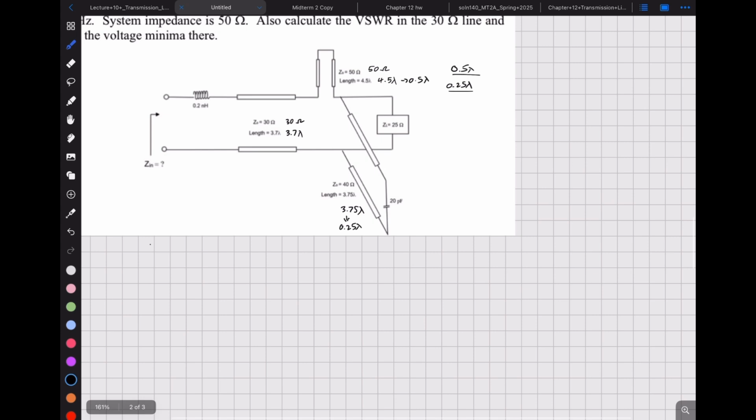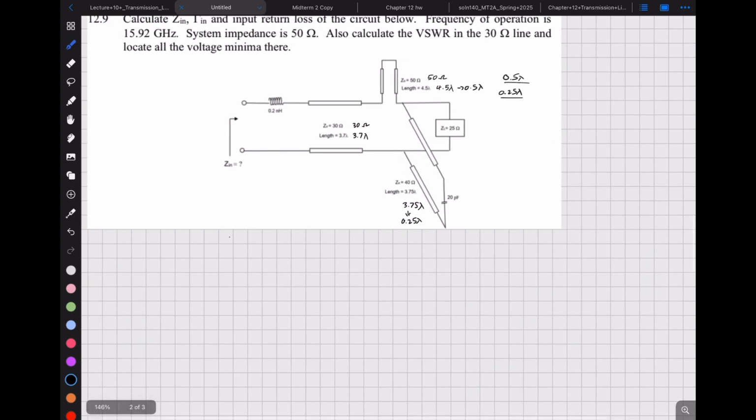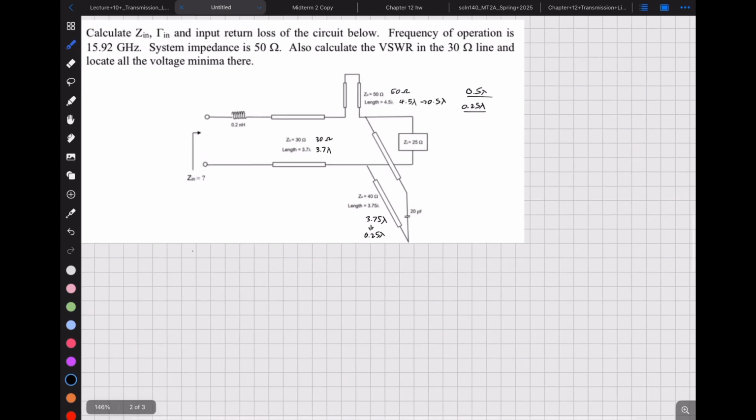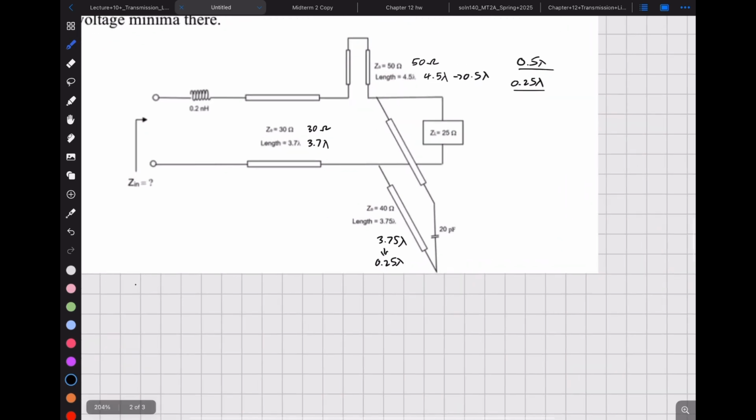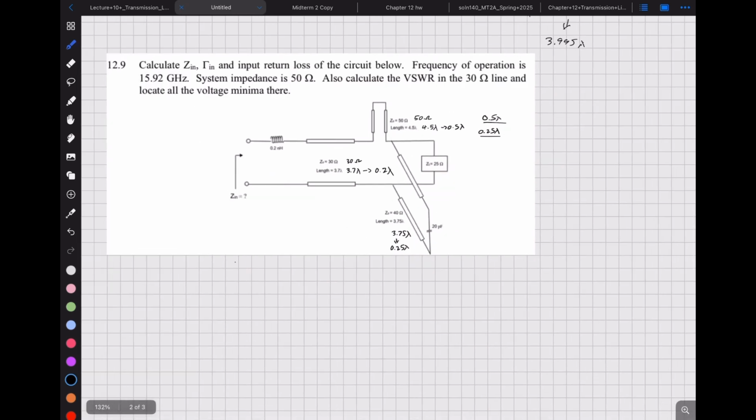It's a little hard to explain, but when we do these kinds of problems, we want to first subtract the lengths by multiples of 0.5. So you get the idea. If you keep subtracting 0.5 lambda, we're going to end up with 0.2 lambda. It's pretty simple.